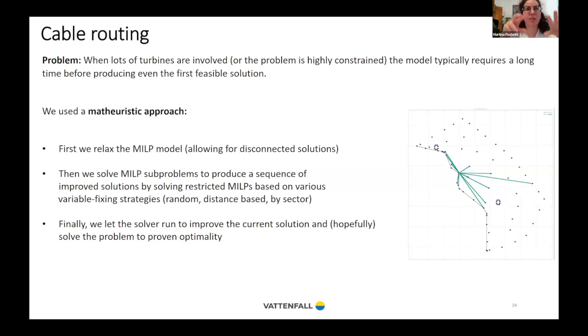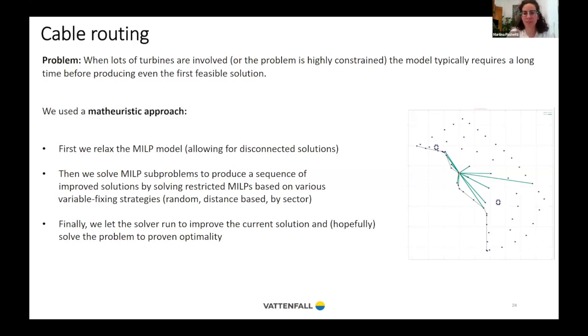We relaxed the model saying it's okay to have a disconnected solution, even if of course we put a very high cost on it. As soon as we got a solution, we fixed some arcs in this solution and told the optimizer to re-optimize with these fixed, and you are free to use the other ones. In this way, at each step we were reducing the size of the problem.